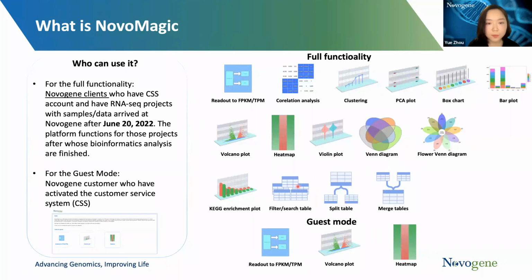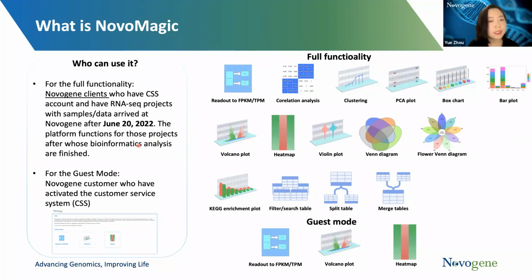Also, you get to make a few changes to the tables, no matter what format or content it is. We also have the guest mode, which contains three popular functions: converting the recount to FPKM or TPM, and also volcano plot and heat map. So if you don't have access to the full functionality, you can also try the guest mode.